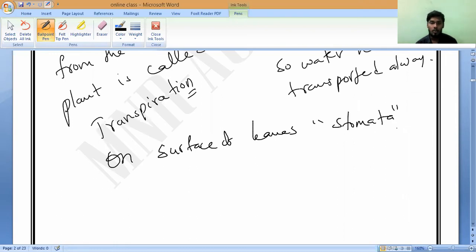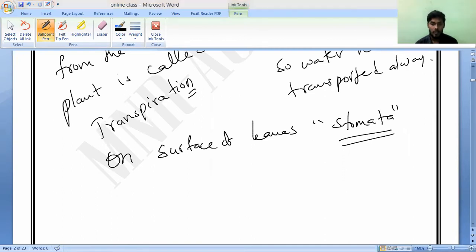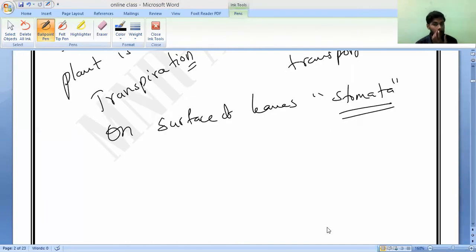Through this stomata the water evaporates continuously, and that is what we call transpiration. A lot of water from the leaves keeps on evaporating.